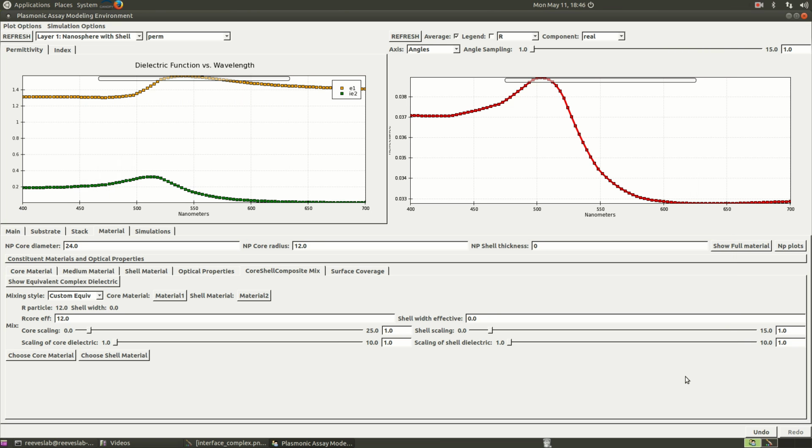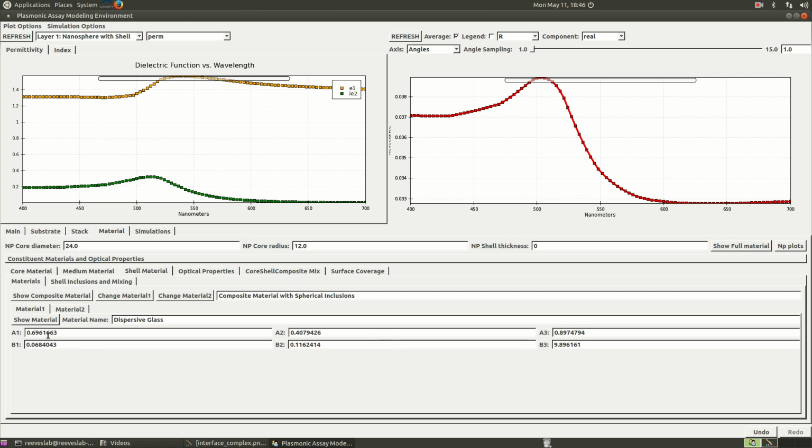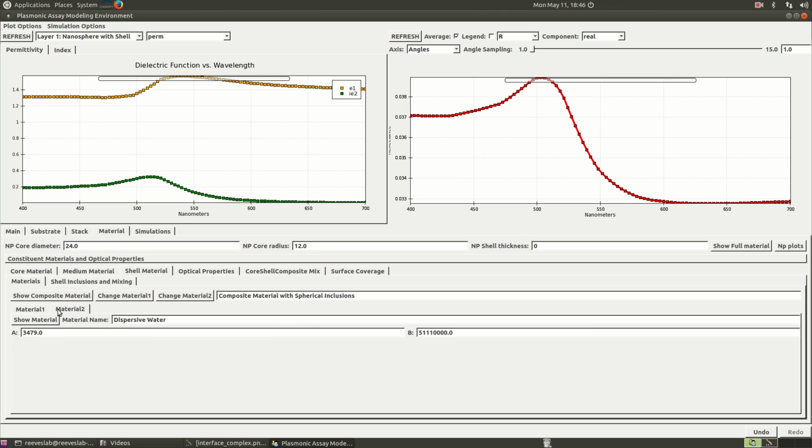The inclusions represent the proteins or whatever spherical molecules we're modeling. The inclusions are material 1 and the medium is material 2.